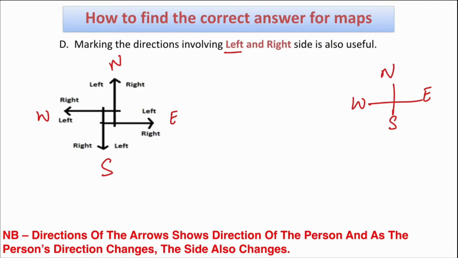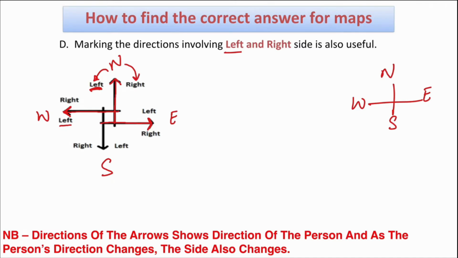Then if the person is going in the eastern direction, like here, then left side will be on the top and his right side will be on the bottom. And if we go on the opposite side like this, on the west side, then right side will move towards the top and left side will move towards the bottom. Then if we talk about the north side here, left side will be on this side and the right side of the north will be on this side.